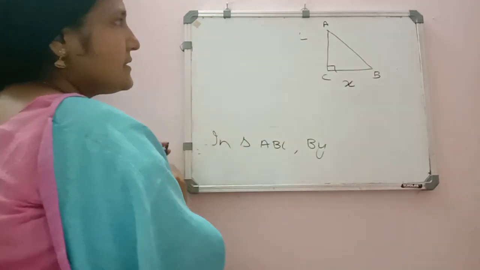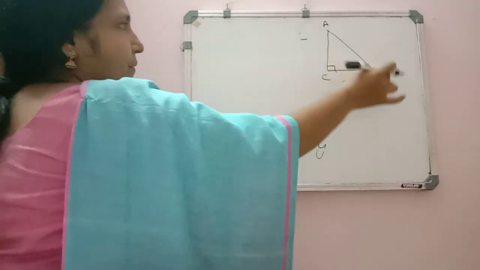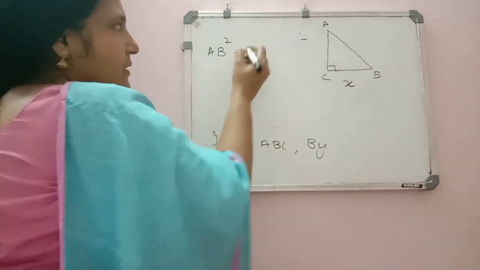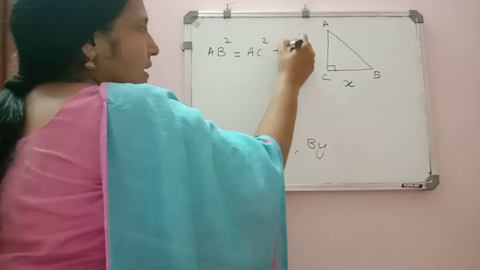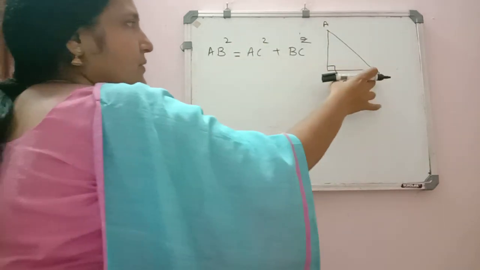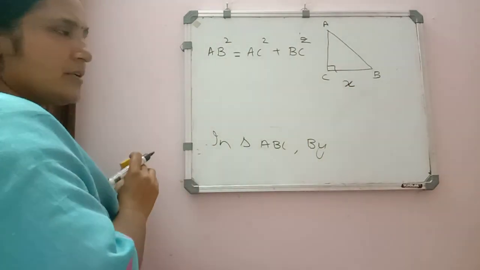So by Pythagoras theorem, our hypotenuse is AB. AB square is equal to AC square plus BC square. Hypotenuse square is equal to base square plus altitude square.